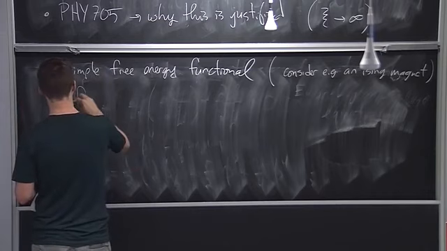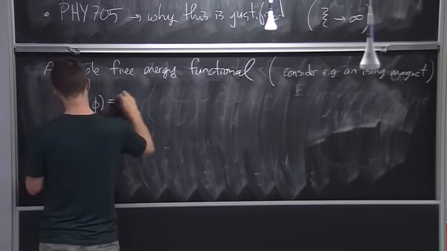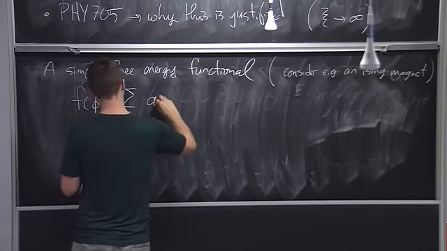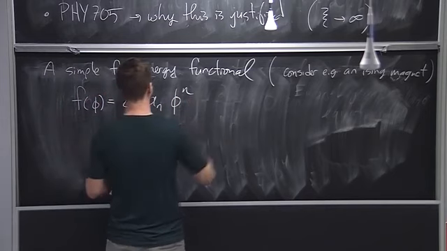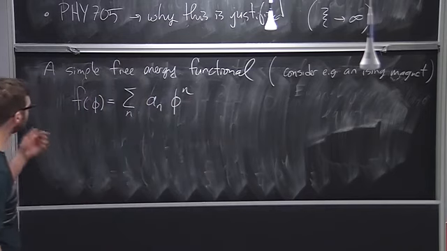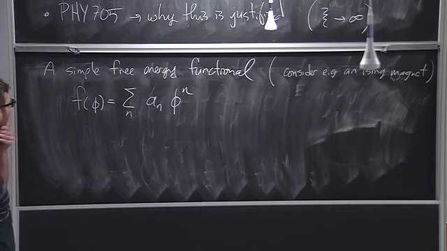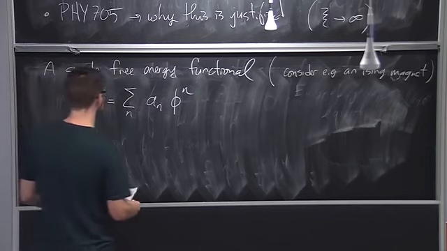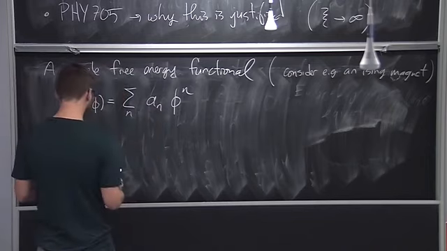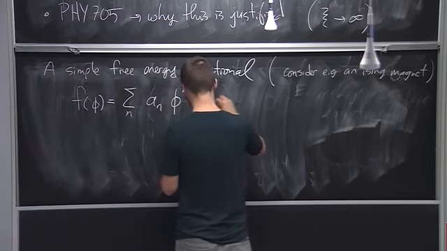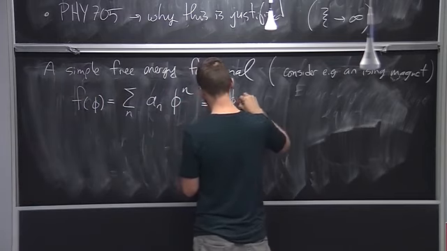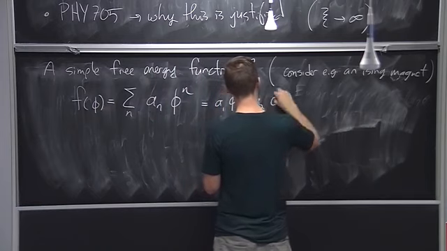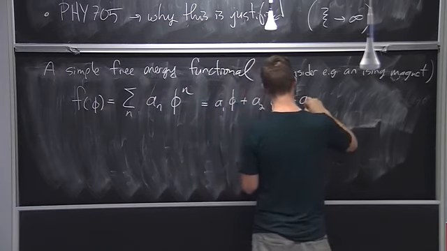Let me just write very generally an expansion of my free energy in terms of powers of phi. Okay, and I've just labeled the coefficients with some arbitrary A_n's. They're going to be constants, of course.